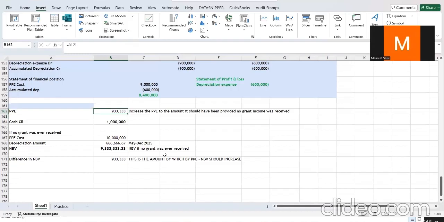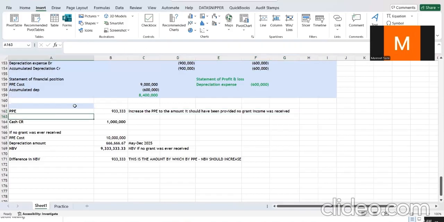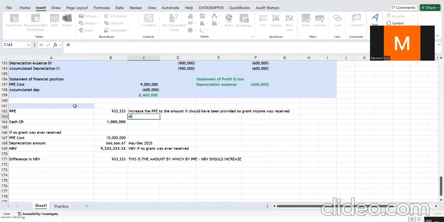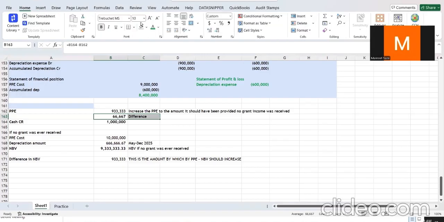So this is the increase in PP&E to the amount it should have been if no grant income was ever received. Now the difference, how much is the difference? Difference is this minus this. And what should this difference be? Any guesses? What should this difference be?